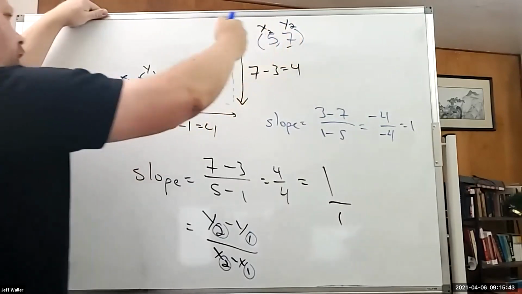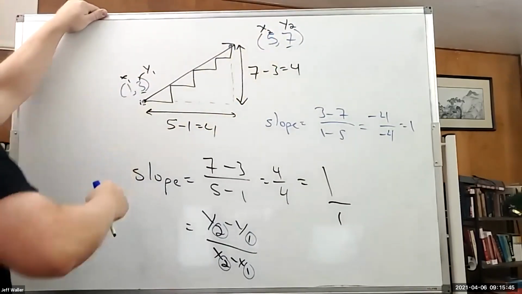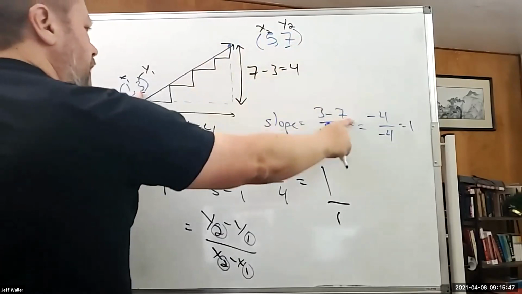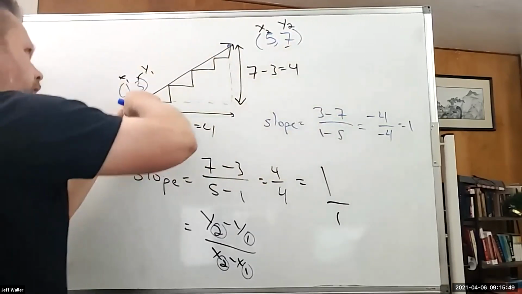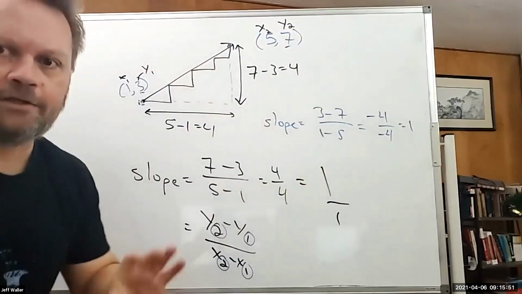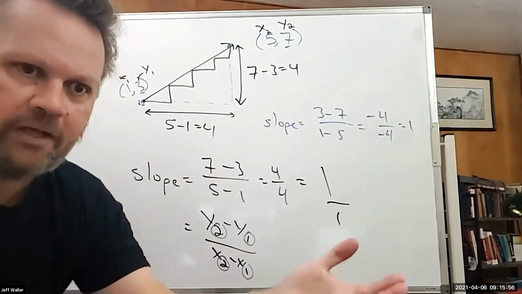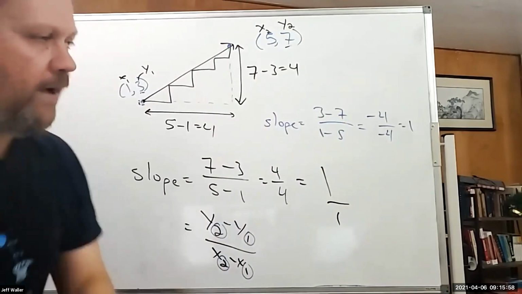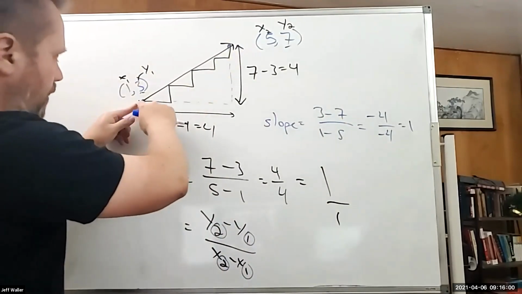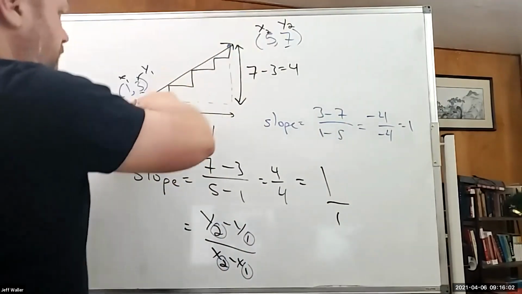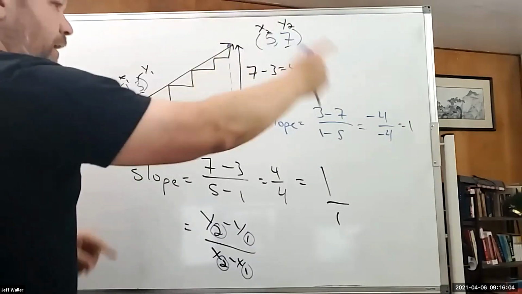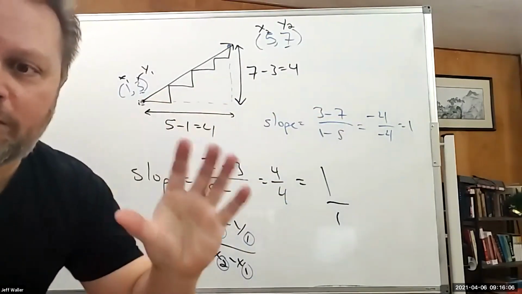You have to do the same direction. If you do 3 minus 7, you must do 1 minus 5. Otherwise, your slope has the wrong sign. It'll be negative when it's supposed to be positive. If I just look at this, can't I tell this is a positive slope? It's increasing. So my answer better be positive no matter which way I look at it.